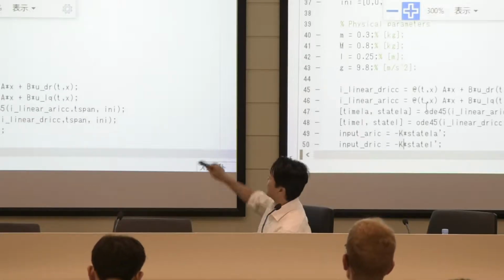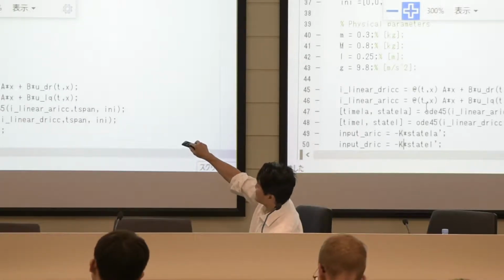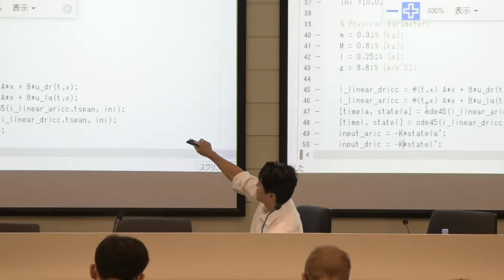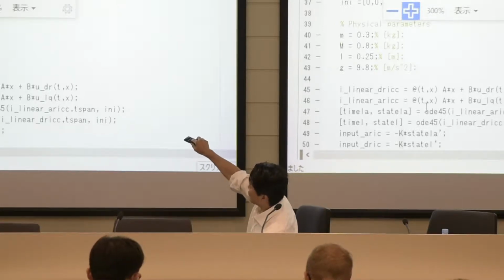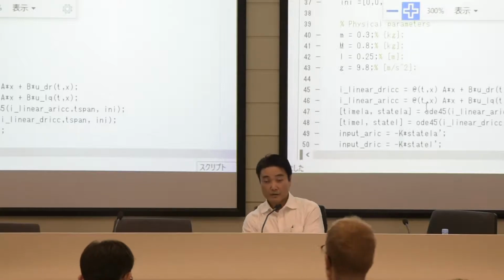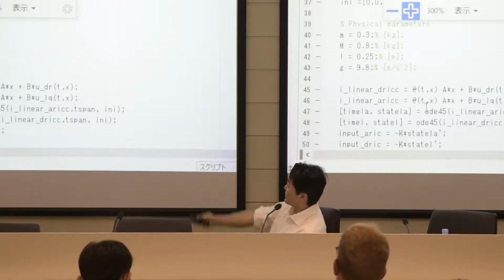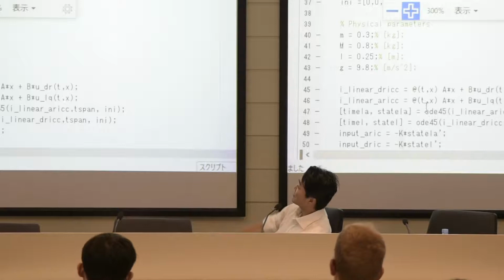Here, A times x plus B u, using the differential Riccati equation, but this is using interpolation. This is now continuous time, and this is an LQ control.